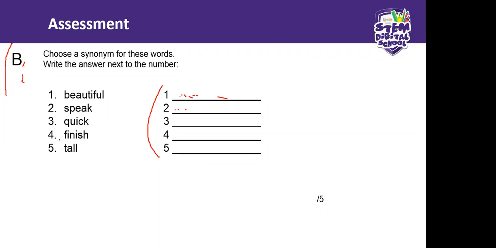Okay, now number 4. If you finished, what do you always tell me? A word that means the same as finished. You say, ma'am, I am. Instead of finish, you can say something else that means the same. Then you write it here by number 4. Okay, on number 4.